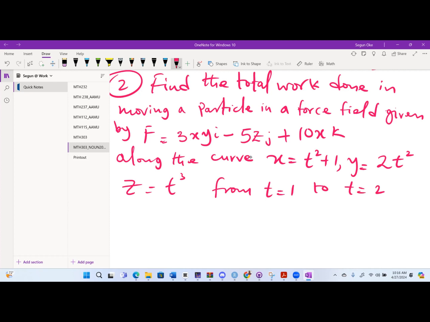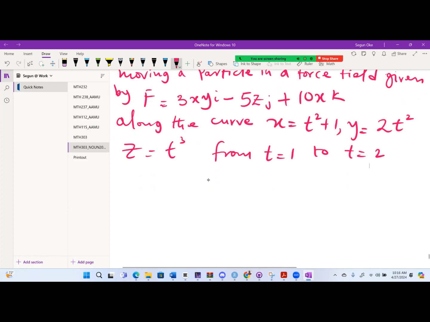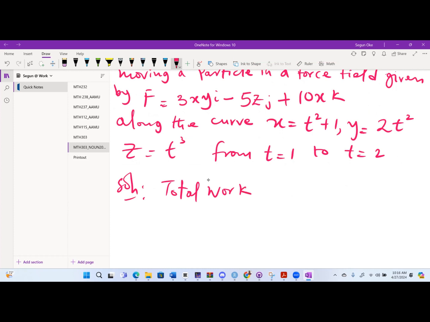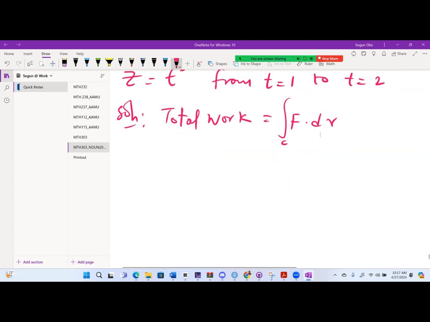So you have to be careful in solving this type of question. Let's look at the solution altogether. Total work done is the integral over C of F dot dr. Don't forget that. Before you integrate, you have to first of all nullify all the components. When you see the question, you will identify it.